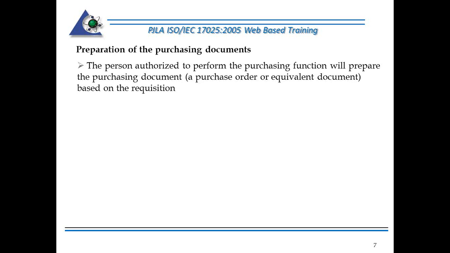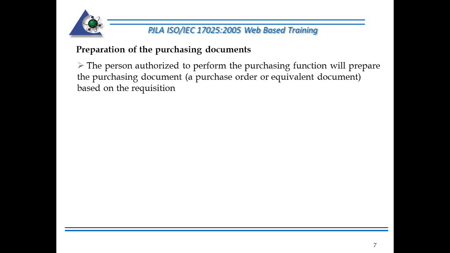Again, understanding that oftentimes it's the same person, but think of this in terms of the individual functions, and if it helps to visualize that, think of independent people, individual people, fulfilling each of those functions. So we have a situation where the need for supplies or calibration services is identified. That is brought to the attention of someone with authorization to spend the money to acquire supplies or services.